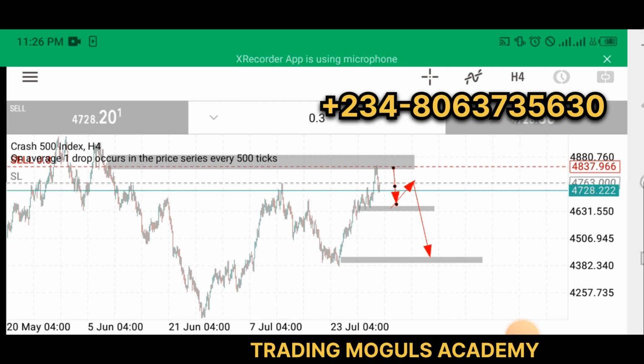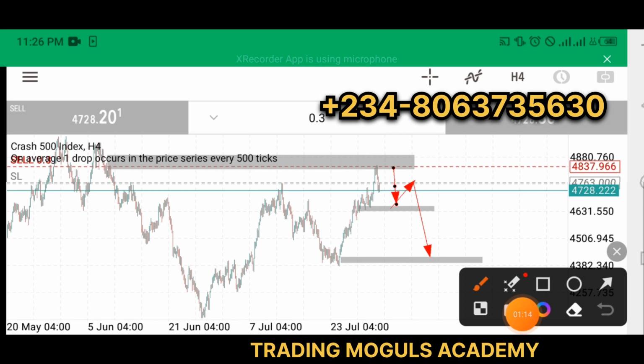So when the market comes back to our major key level, which is this one here, we have to wait for evidence and confirmation of the market giving us a sign to take a trade. So why did we take this trade in the morning?